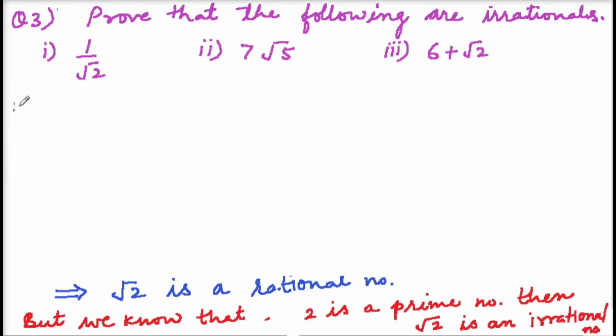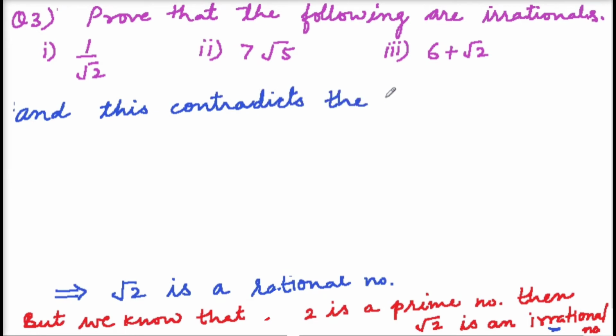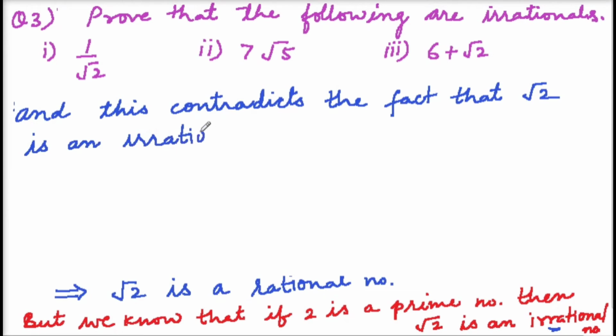So according to our assumption, root 2 is a rational number, but by the property we know that root 2 is an irrational number. So here arises a contradiction. Now we write, and this contradicts the fact that root 2 is an irrational number.